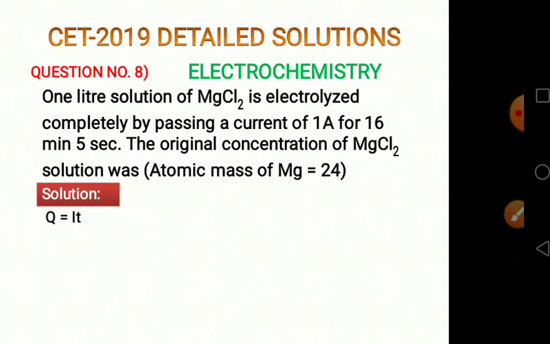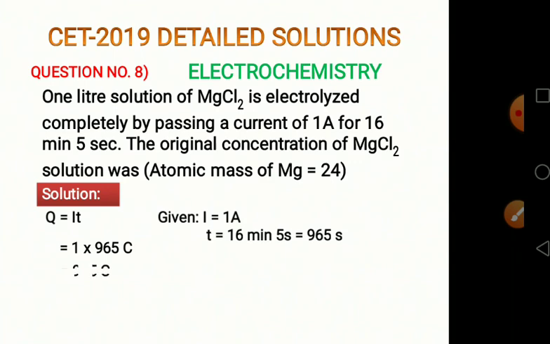To calculate this, what is given? Current 1 ampere, t is equal to 16 minutes 5 seconds. Converting that into seconds, you get 965 seconds. So Q is 1 into 965, equal to 965 coulomb.